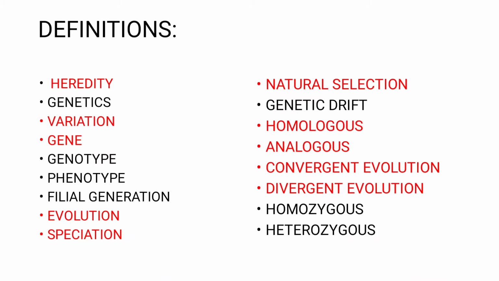So these are very important definitions that are given in red color, that is heredity, variation, gene, evolution, speciation, natural selection, homologous, analogous, convergent evolution, divergent evolution. These are important, and they are important means these are asked repeatedly. Mostly every year these questions are asked in 10th board.